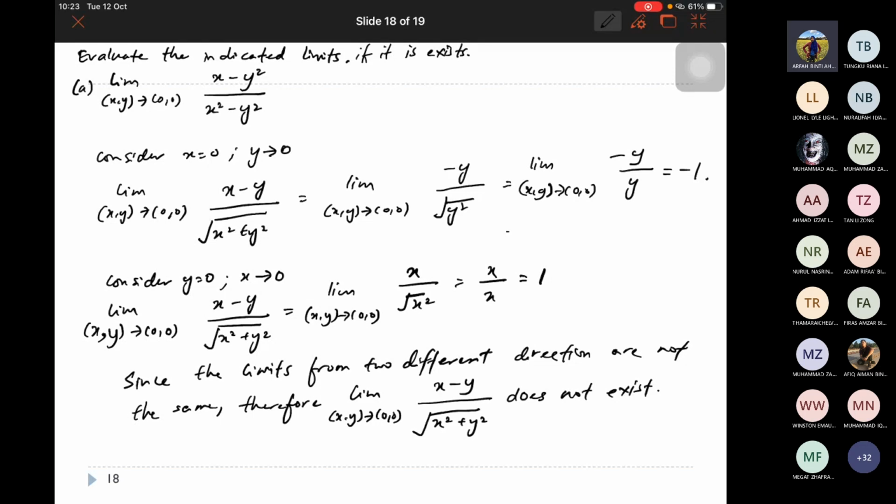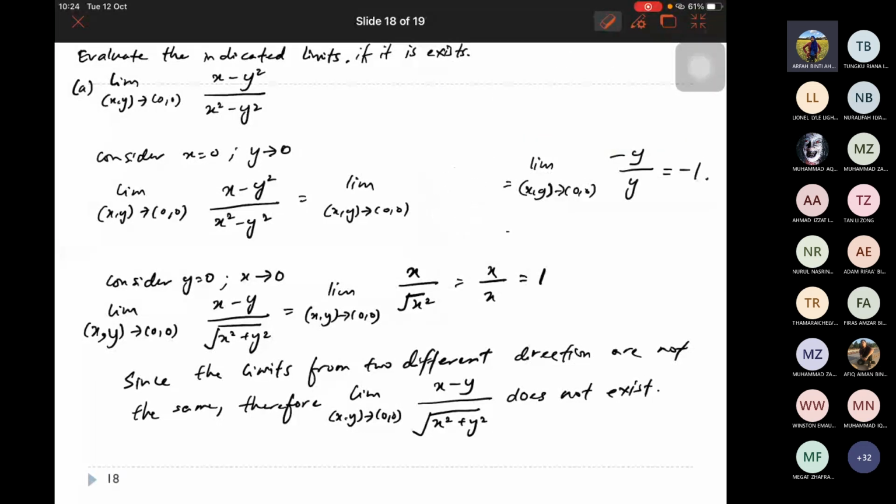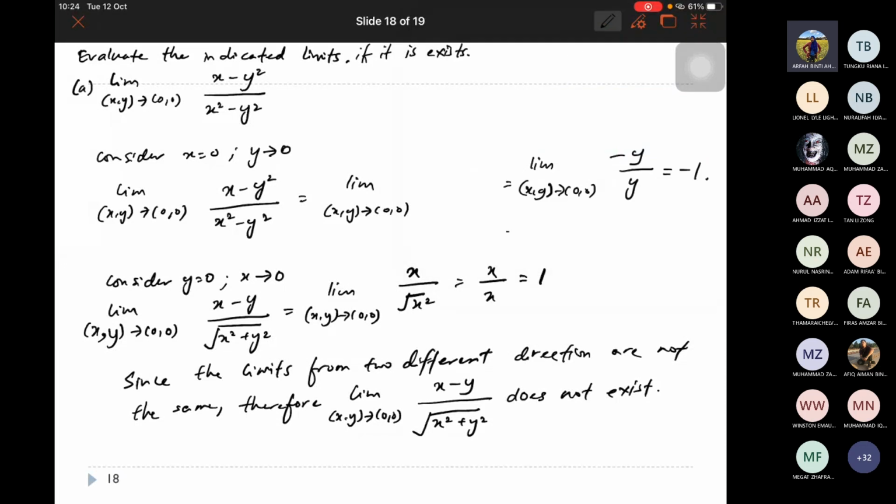So X, consider X minus Y squared, X squared minus Y squared. Dia akan sama dengan limit of xy approaches 0, this one will become x sama dengan kosong. So it will become negative y squared over negative y squared. So dia akan sama dengan 1. It will be equal to 1.